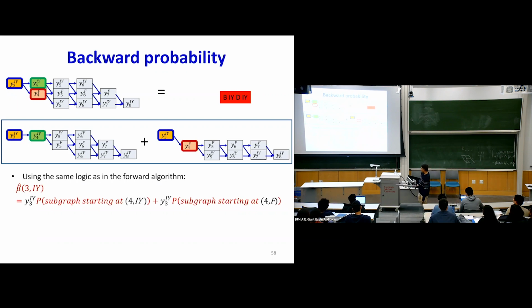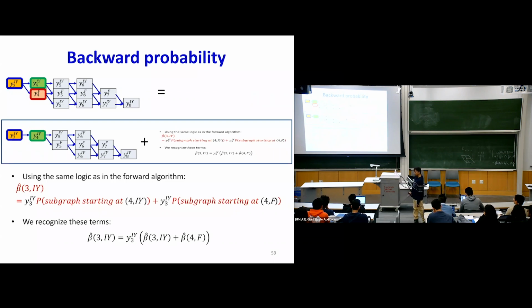So I can just say the beta hat at 3E is y_3^E times the probability of the subgraph starting at 4E plus y_3^E times the probability of the subgraph starting at 4F, right? Which, as we know, are simply beta hat 4E and beta hat 4F.